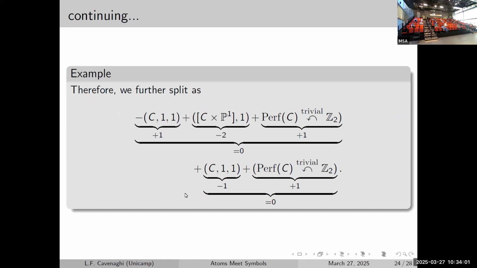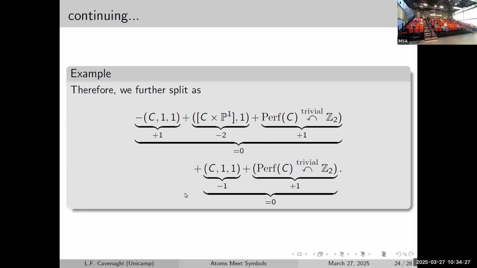Then this C cross P1 with 1, you attribute the weight -2. And to the perfect complex, you attribute the weight -1. Meaning you choose a homomorphism to Z, and you're saying this element goes there, this element goes there. And then they sum to 0. But now you start to realize, well, what is this saying? So I have components of curves, right? And everywhere they have the weight 1.